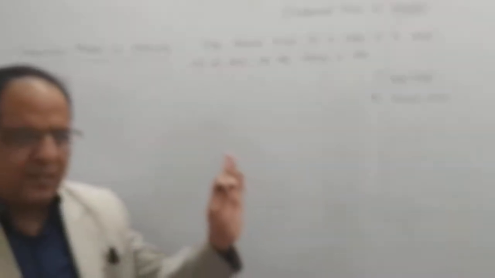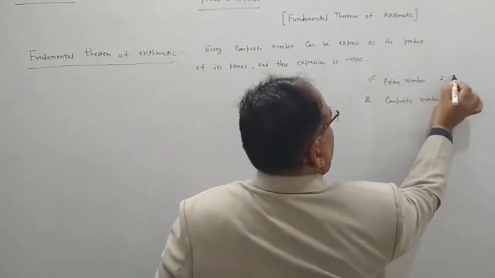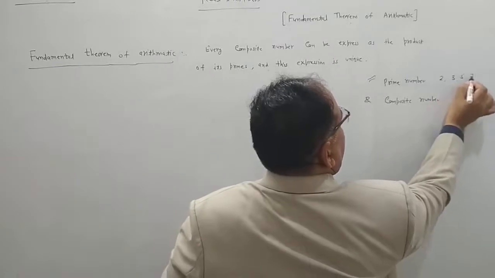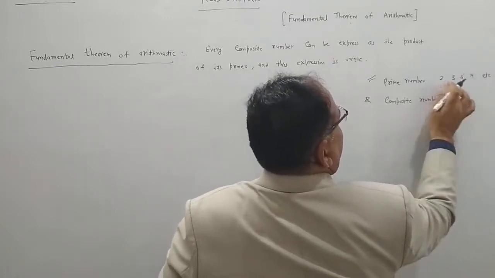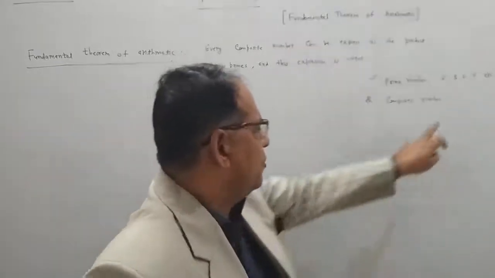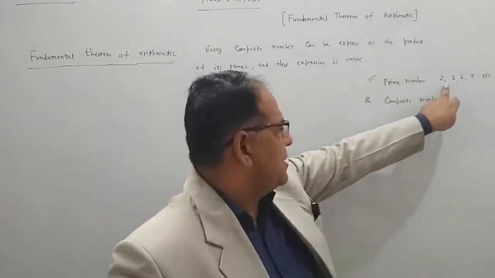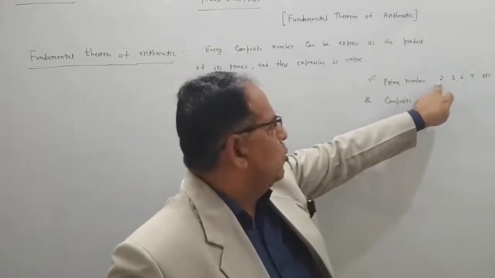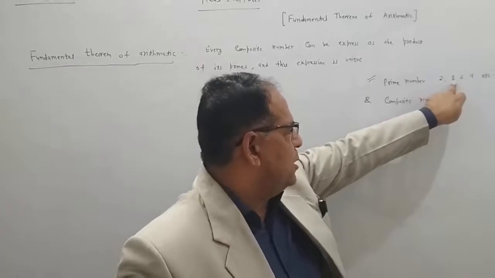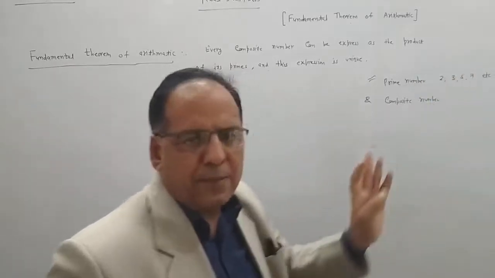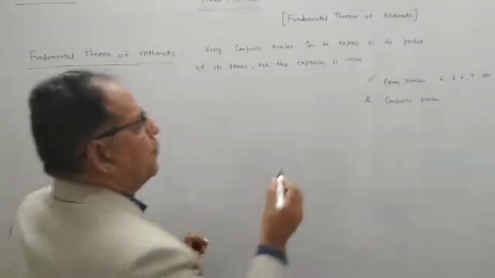All those numbers which cannot be split into the product of two smaller numbers. For example, 2, 3, 5, 7, etc., in which each number cannot be expressed as the product of smaller factors. 2 cannot be split, 3 cannot be split, 5 cannot be split. So these types of numbers are called prime numbers. Composite number.